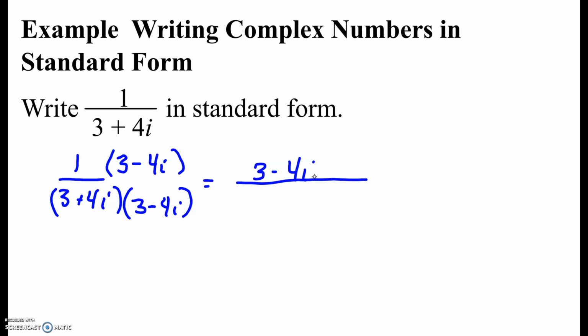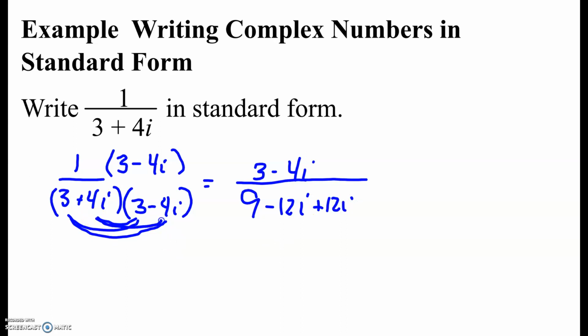In the denominator, if we FOIL this out or use the box, whichever method you prefer, we take 3 times 3, that's 9. We take 3 times minus 4i to get minus 12i. We get 4i times 3, which is plus 12i.